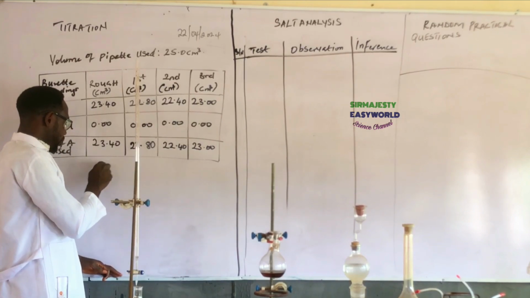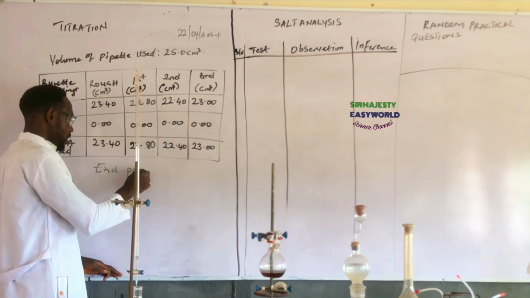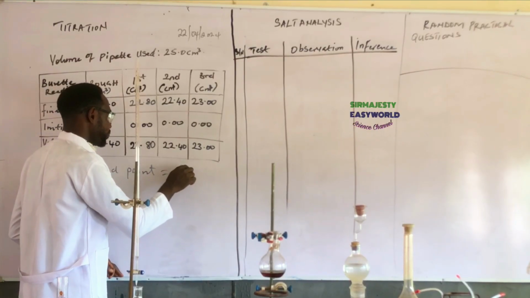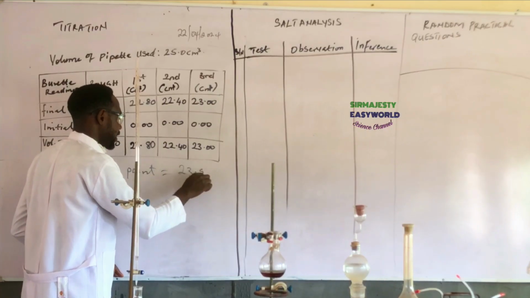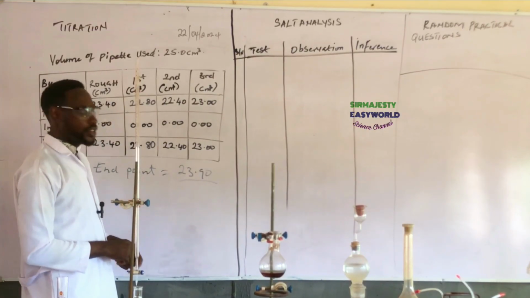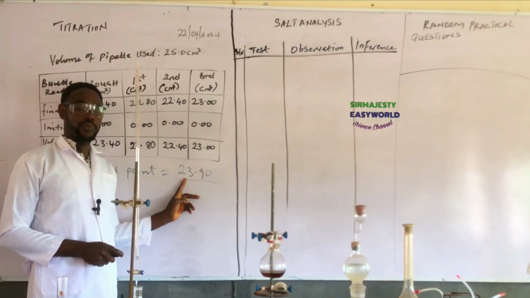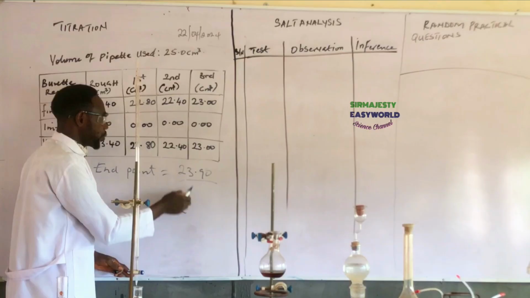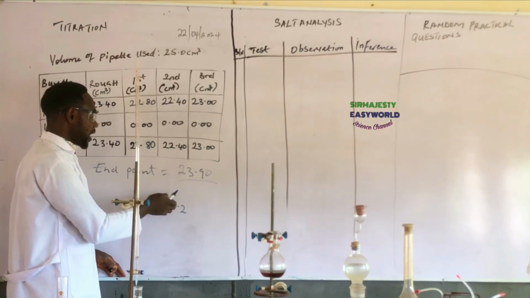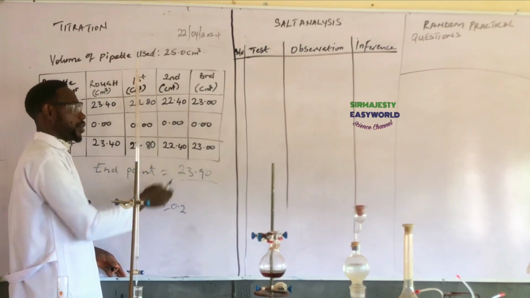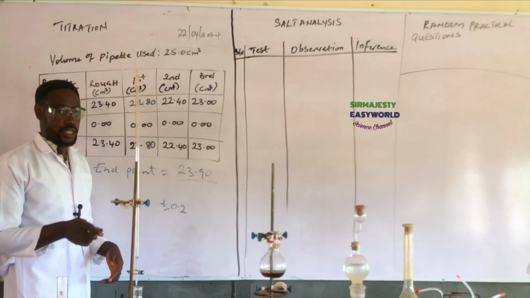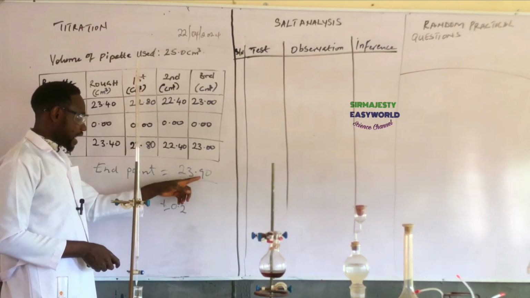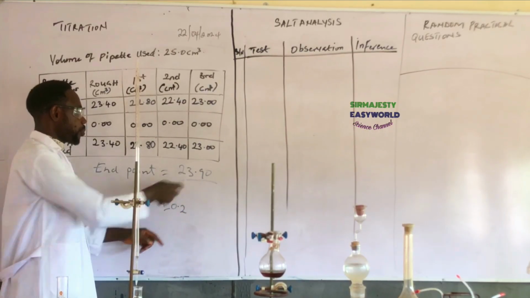If the teacher's endpoint is assumed to be 23.90, you can use any figure around 23.90 that is not more than plus or minus 0.2 away from it. Let me explain. You can use any figure that is not more than 0.2 less than this and not more than 0.2 more than this number.